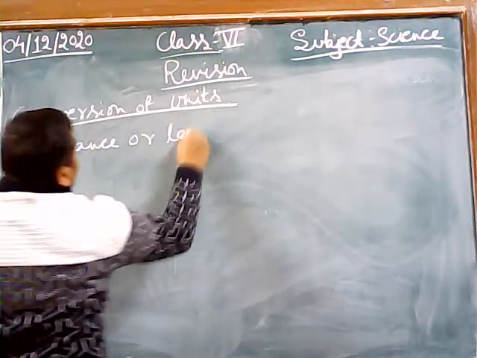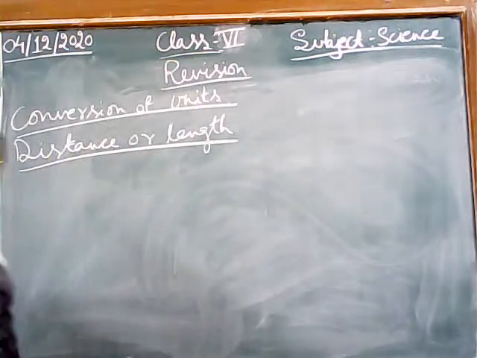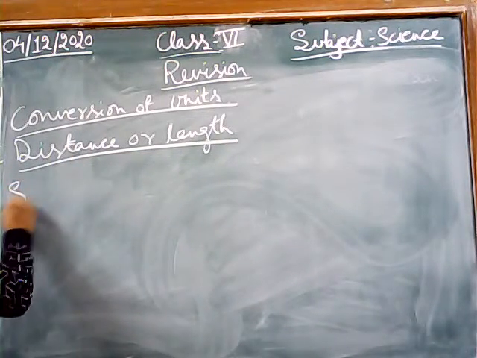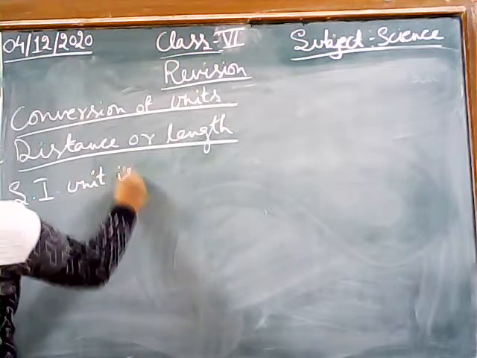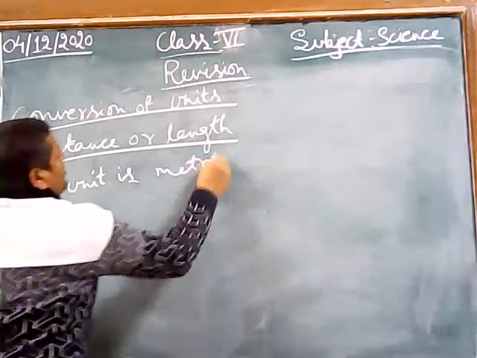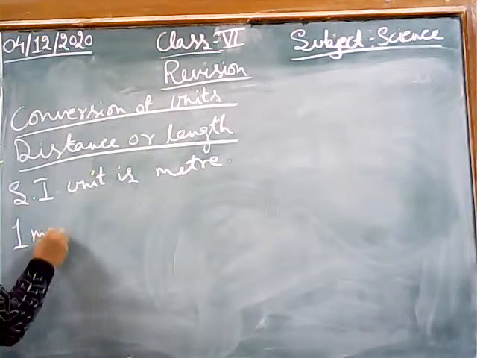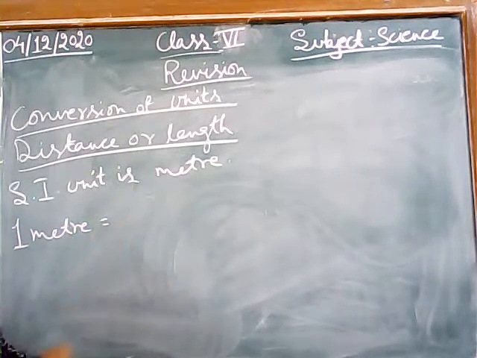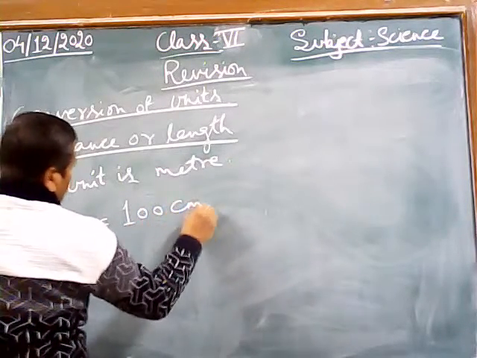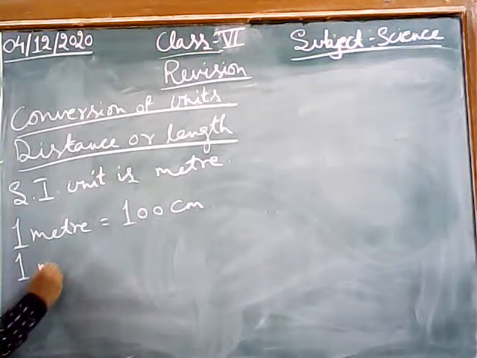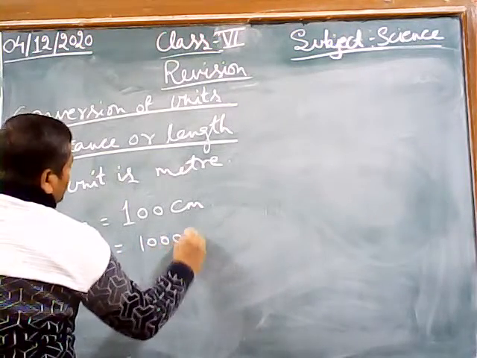So the standard unit, SI unit, is meter. 1 meter is equal to 100 centimeter. 1 meter is equal to 1000 millimeter.